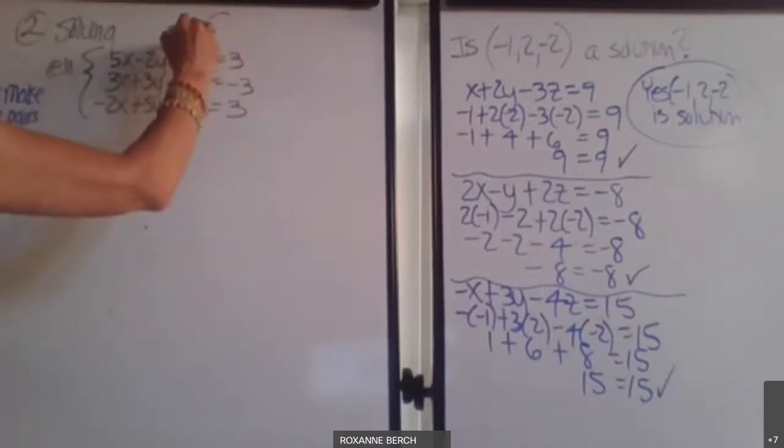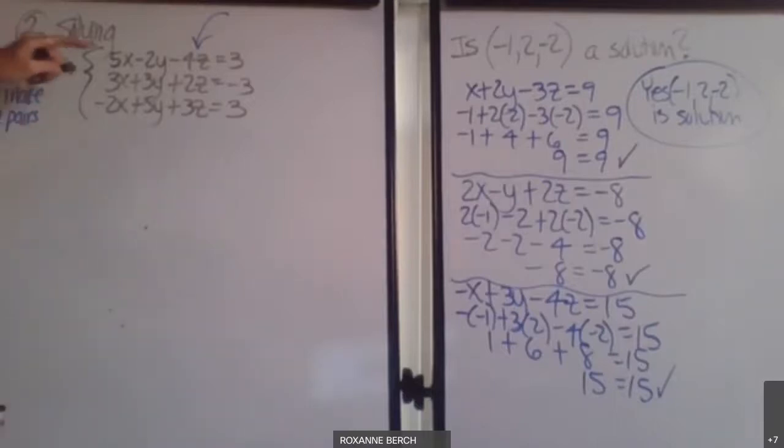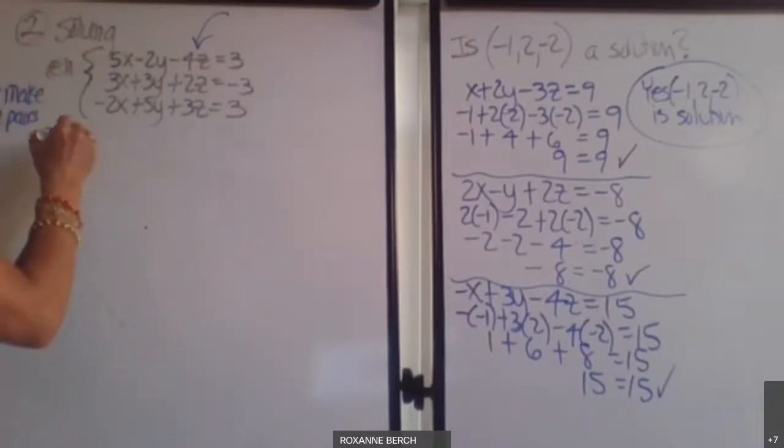So I'm going to eliminate z because I'm looking at this and I don't know, big mess. So what I'm going to do is I'm going to put the first two together.